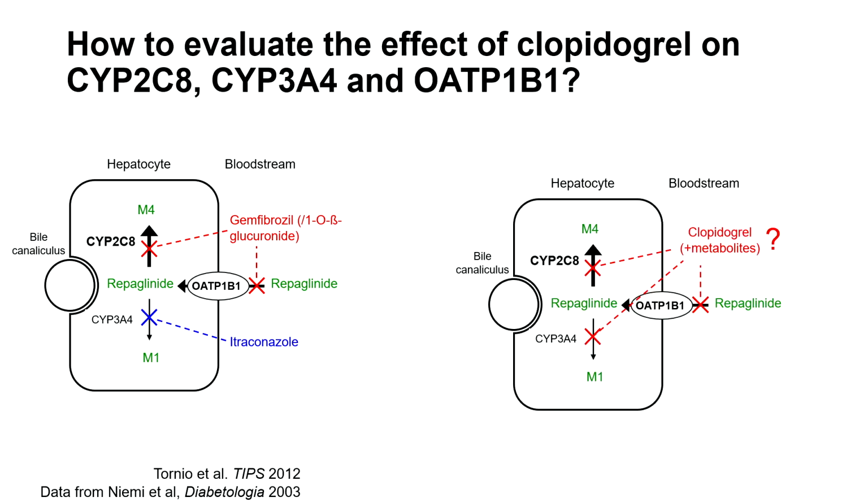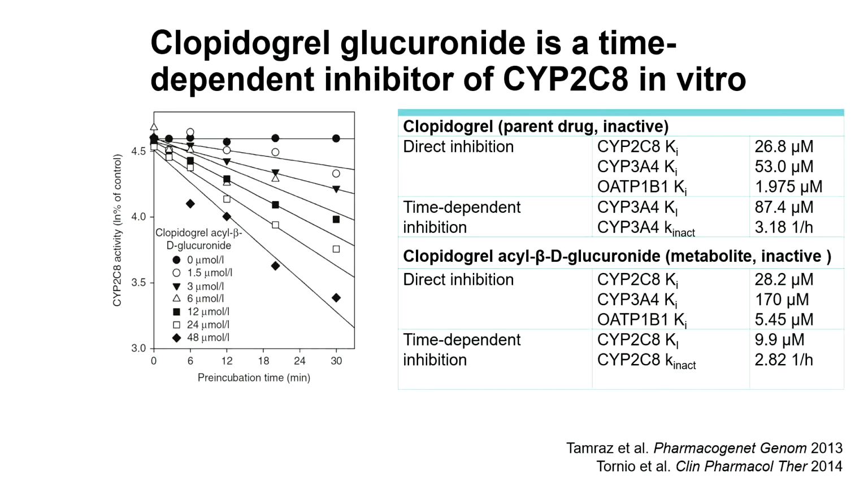And then if we look at clopidogrel and the in vitro data that we had, we had indication of some inhibition of transporters and metabolizing enzymes. We did some further in vitro work at the time, showing in combination with the previous data that time-dependent inhibition of CYP2C8 was evident here, and one consideration here is the drug concentration.